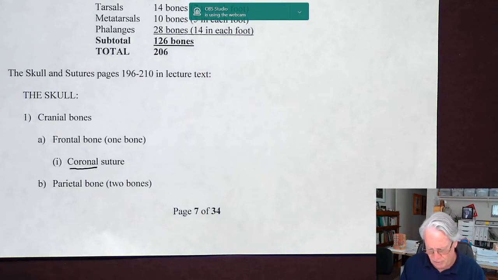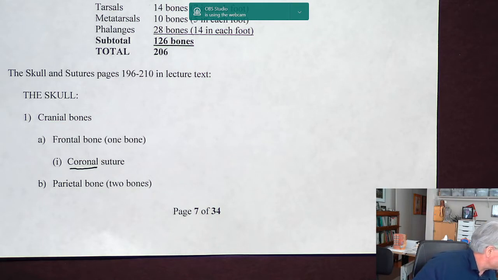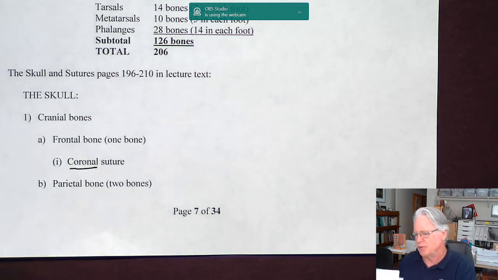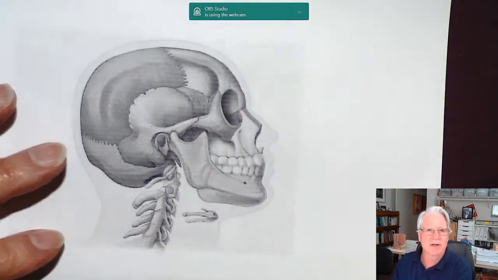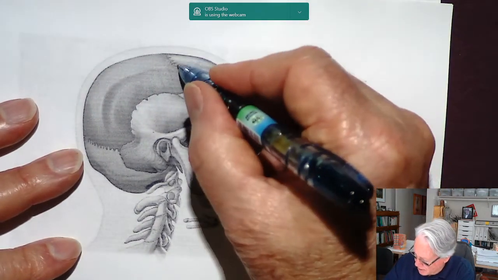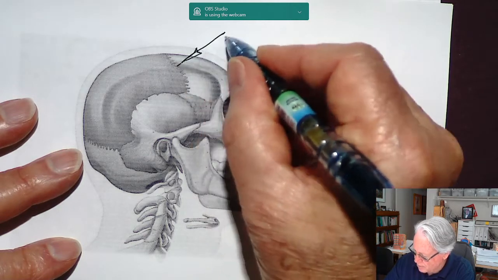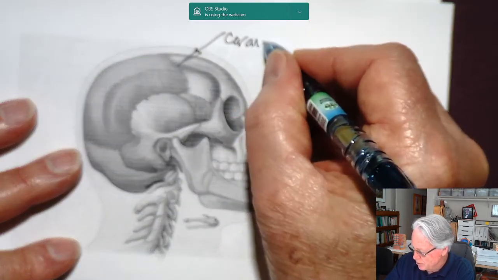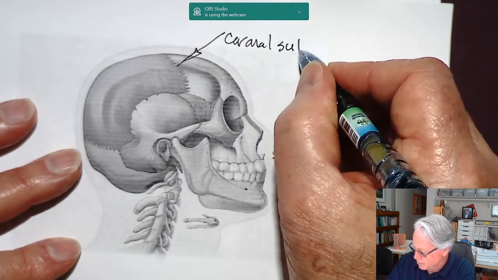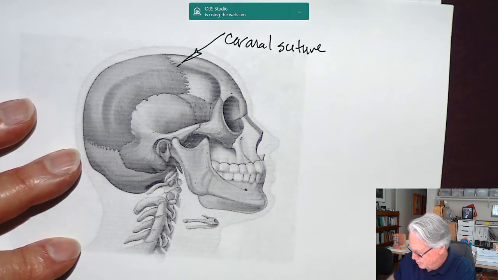And I believe we'll have a picture of that. We do. We have a couple of different pictures. So here, that is my coronal suture. There.